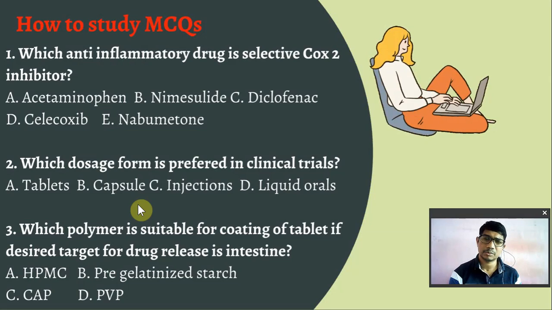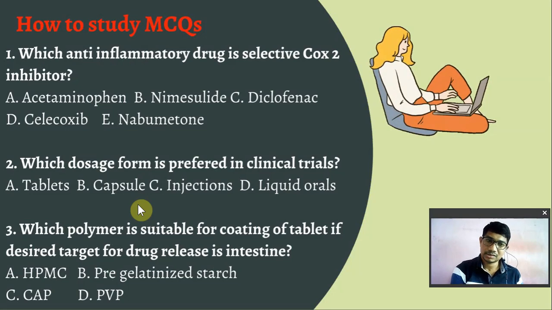Now let's come to option B, pregelatinized starch. Starch is used as a binding agent and also as a disintegrating agent. Then let's come to option C, CAP, cellulose acetate phthalate. It is a pH-dependent polymer, which means its solubility changes depending on the pH. At acidic pH it is insoluble, and at basic pH it is soluble.